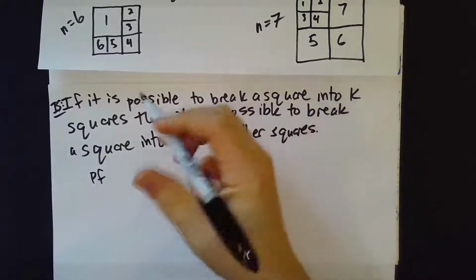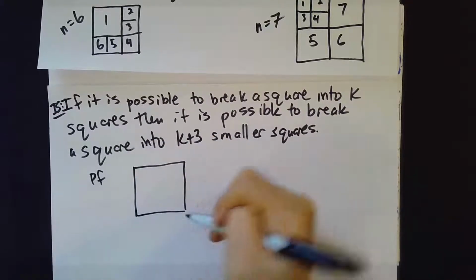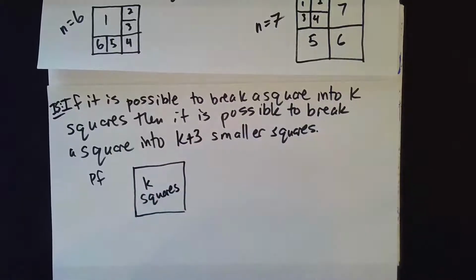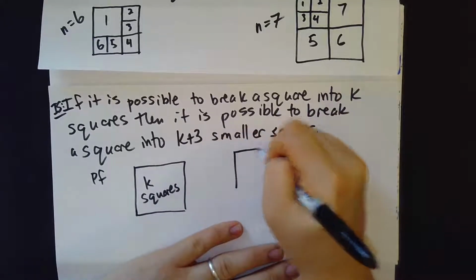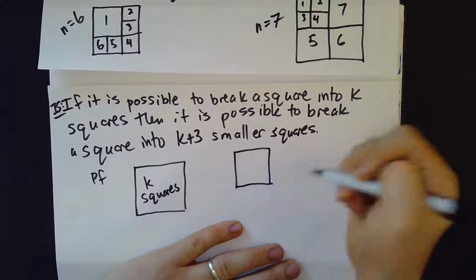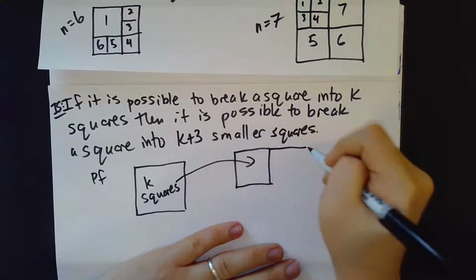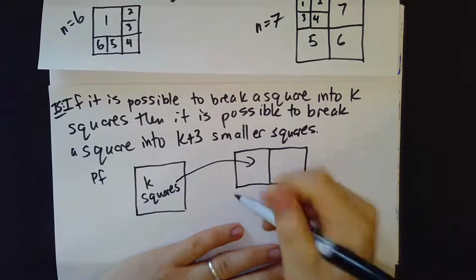Let's suppose it's possible to break a square into k squares. So that means I have some picture here where there are k squares. Well, I'm going to take this exact square and reproduce it here. And then I am just going to add a copy of that square, but empty, here.